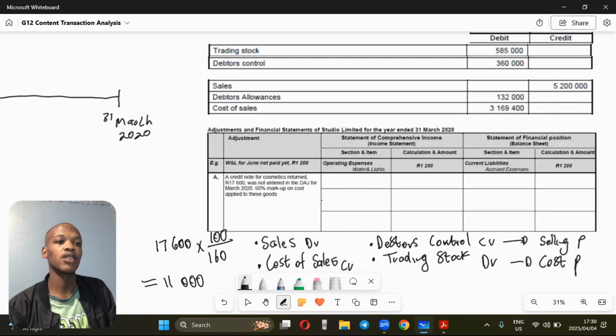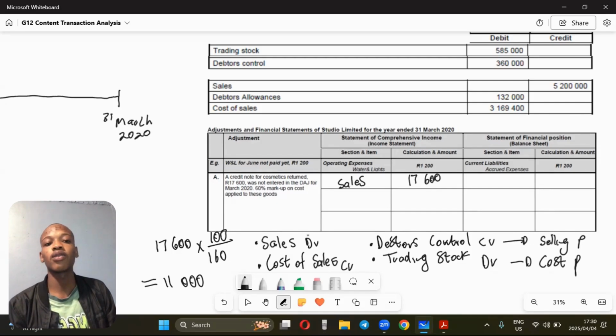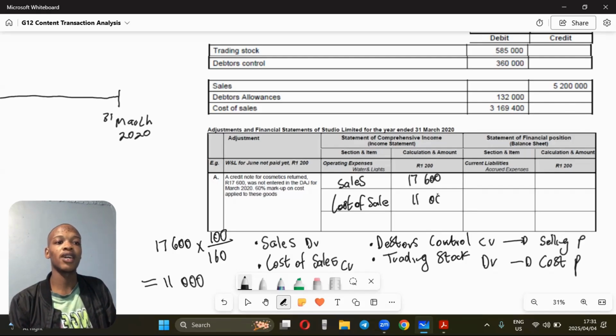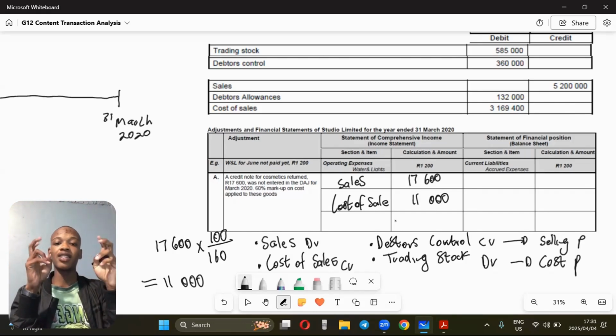For the statement of comprehensive income, it's sales, under other income, 17,600. Another one is cost of sales, by 11,000. Remember, cost of sales is in brackets.